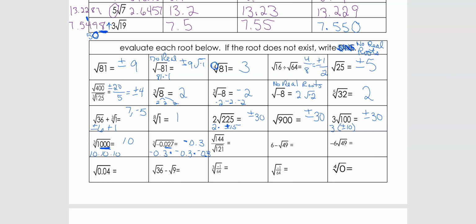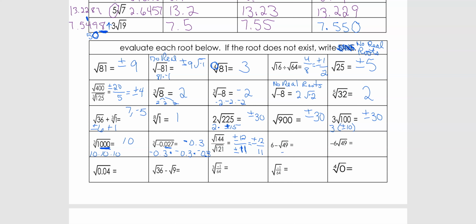Right? Moving right along. We have the square root of 144 over the square root of 121. These are both perfect squares, so plus or minus 12 over plus or minus 11. And that does work out to where the final answer is positive or negative 12 over 11. Right? 6 minus the square root of 49.